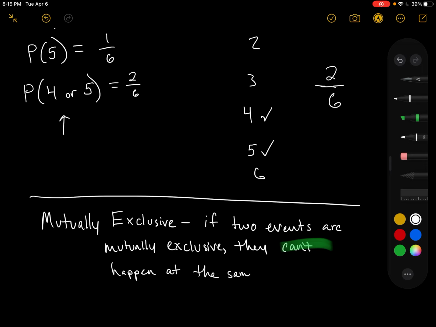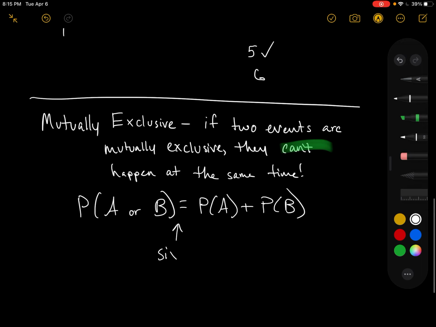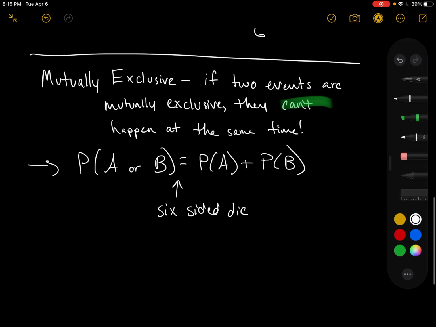I'm going to underline that. They can't happen at the same time. So what this means is, if we have a mutually exclusive event, the probability of A or B means that we just add the things together. We just add the probability of A with the probability of B. So we did that. This is the case of the six-sided die.